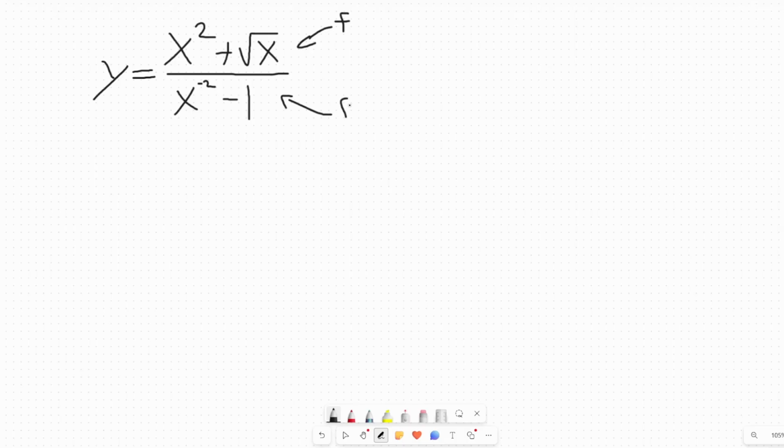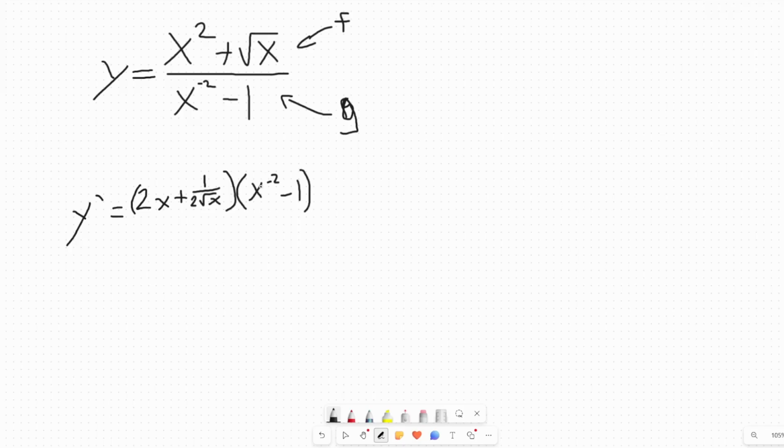So f, g. Now your y prime is going to be 2x plus 1 over 2 root x. That is all times x to the negative 2 minus 1.